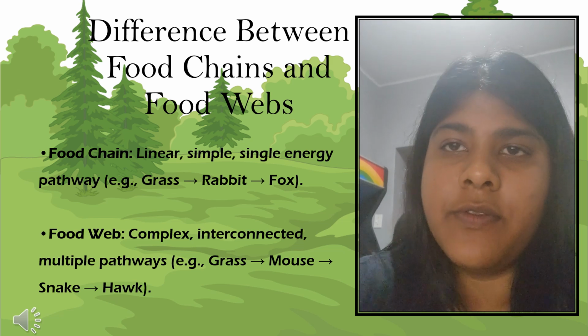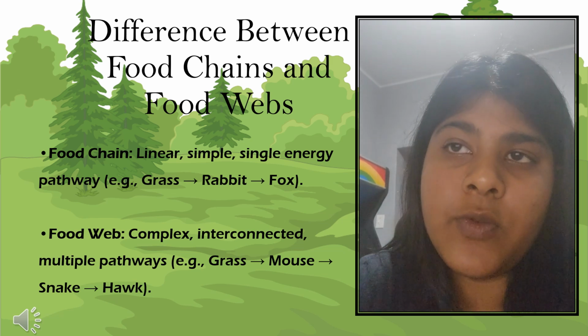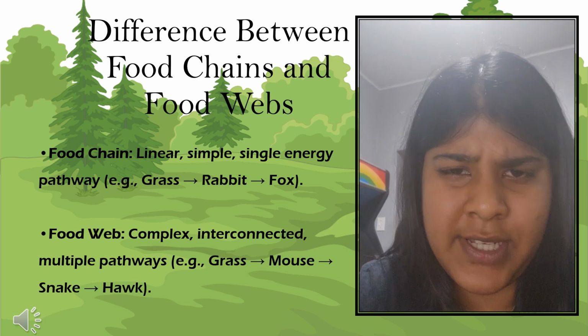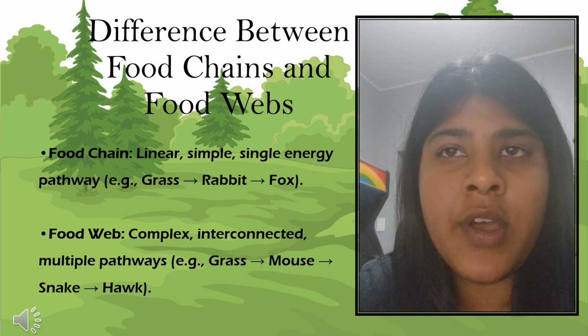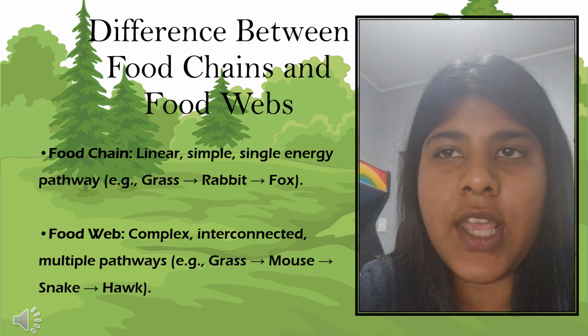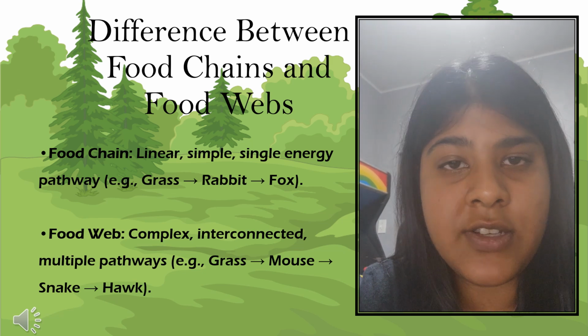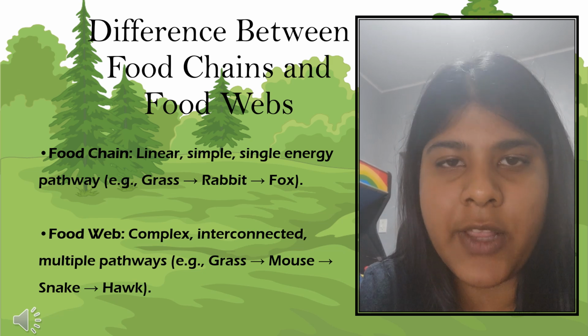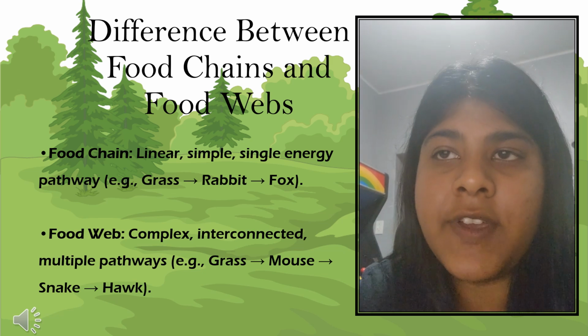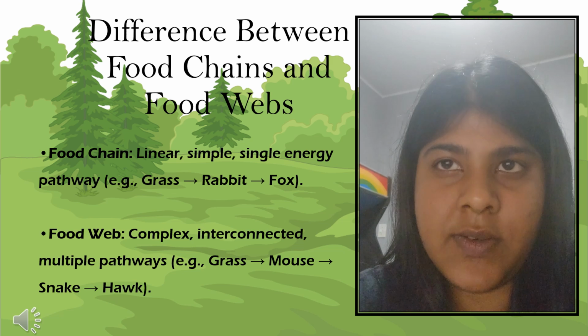Now, the food web. A food web is a more complex network that illustrates how various food chains in an ecosystem are interconnected, showing multiple pathways of energy flow and feeding relationships among organisms.